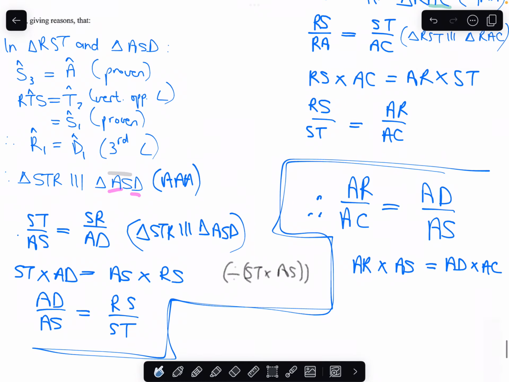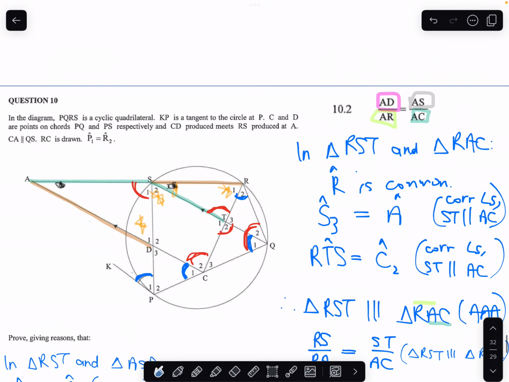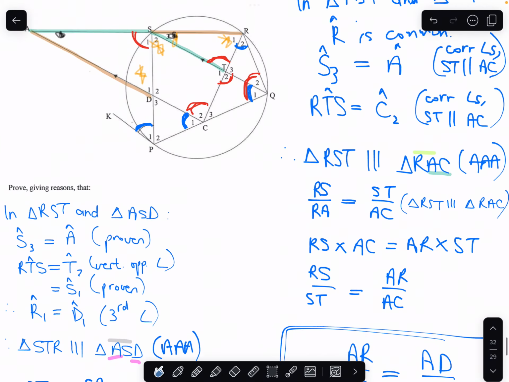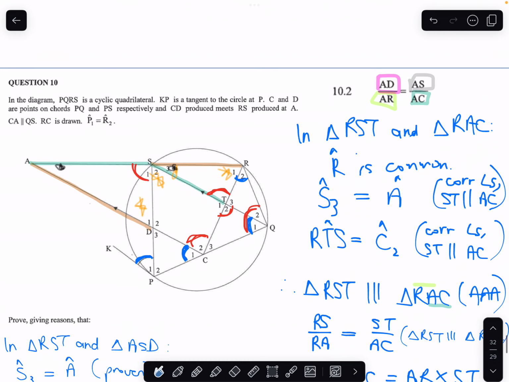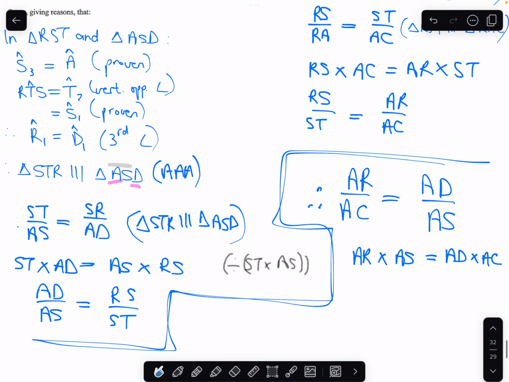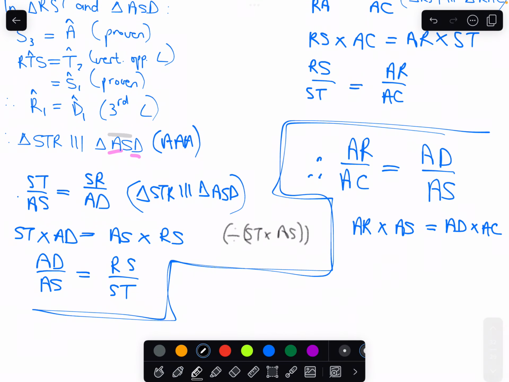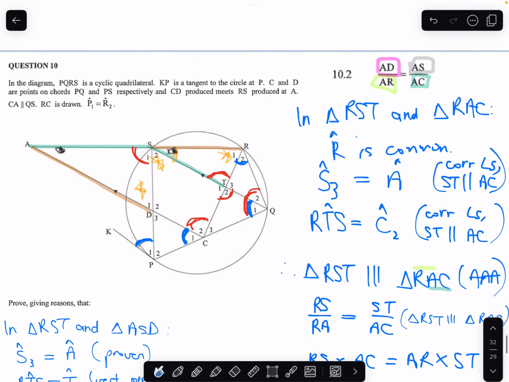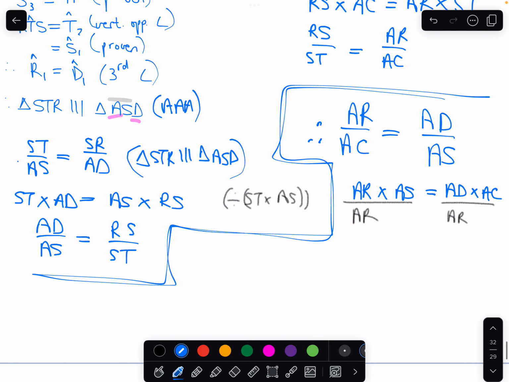Okay, and then what do we want this to look like now? We want AD at the top on the one side and AS at the top on the other side. So we're going to divide both sides. Here we need to get rid of the AR, and then we said we want AD at the top, so here we need to get rid of the AC.